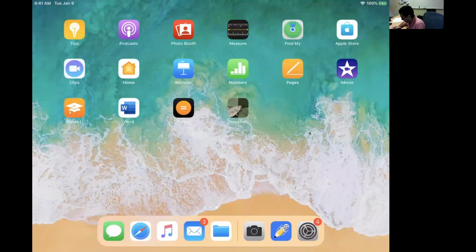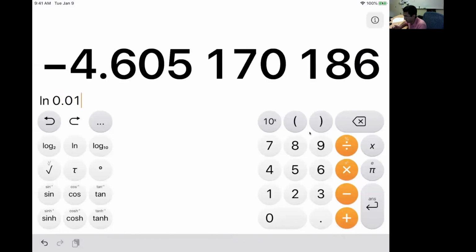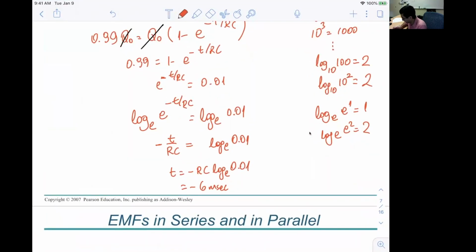You have this ln, that's the logarithm, and we are trying to do 0.01. This is going to be minus 4.6.